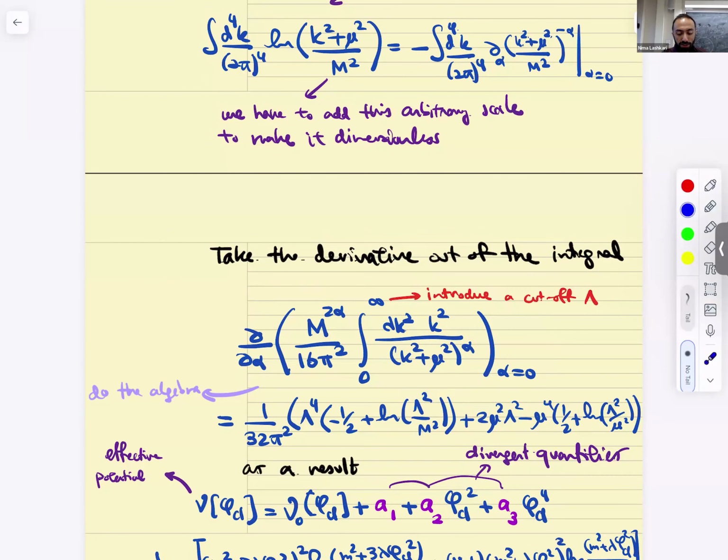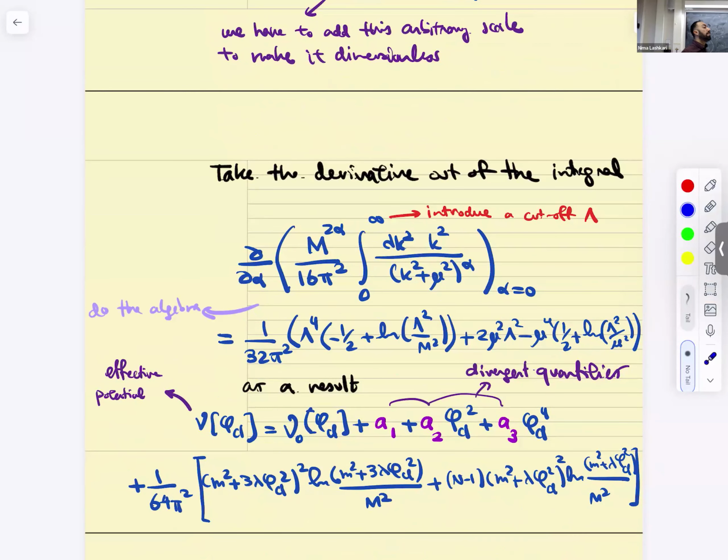Notice that now the dimension of m squared has changed, right? So this guy is m to the power of alpha. It already looks quite similar to the d minus epsilon expansion. This integral is still divergent, so I'm gonna put a lambda cutoff here. Once you put a lambda cutoff, this is the integral that you obtain. The point of this exercise is to write down the divergent terms in some MS bar scheme, right?